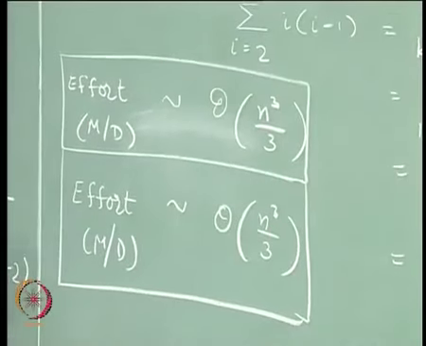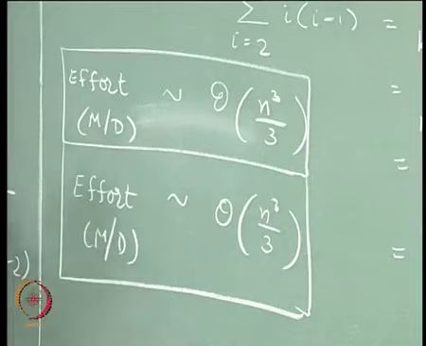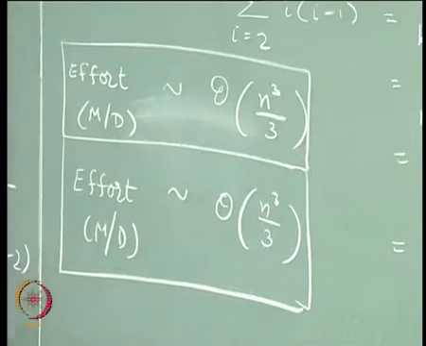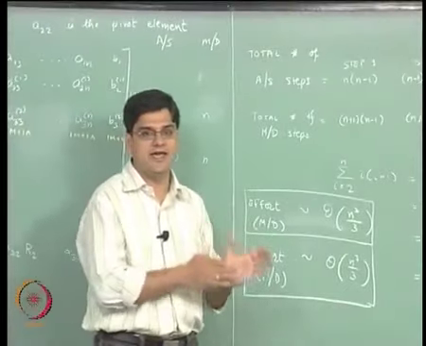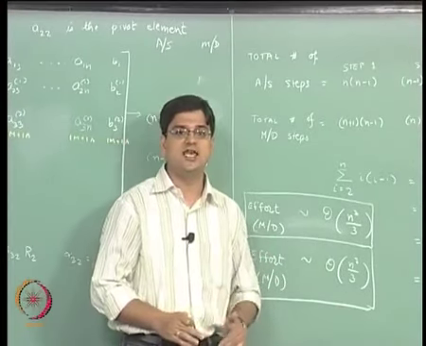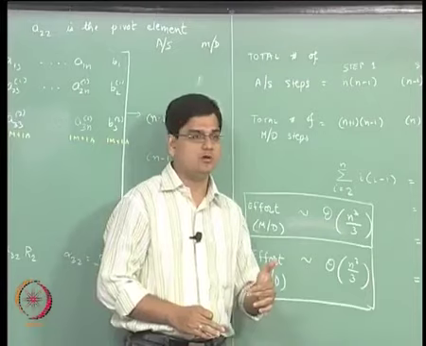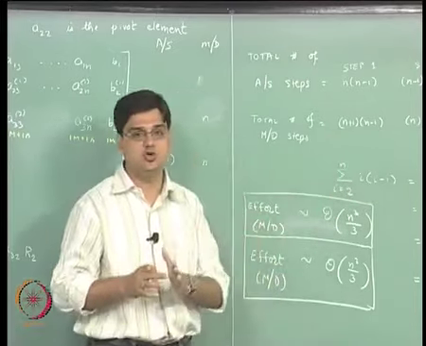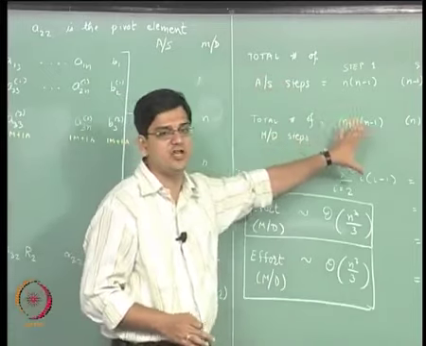So in summary, for the Gauss elimination method, the amount of effort required in solving a problem Ax equal to b scales as the cube, not square, not linearly, but as the cube of the number of variables n.